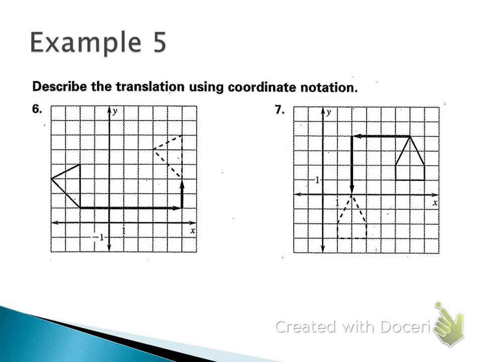Okay. Then let's try to describe these with coordinate notation. Now we could describe them in words, that's what we did before, but these ones are asking for coordinate notation. So we know that we're going to start these off with an (x, y) arrow.